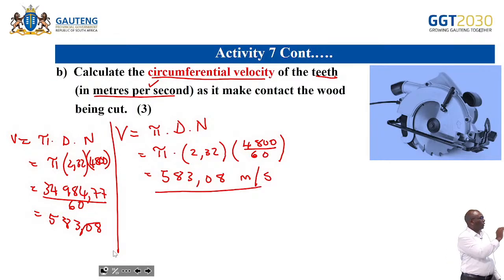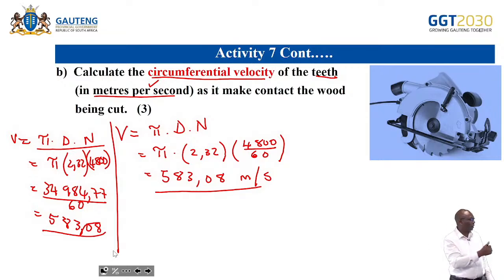So you can either do that question and then go down here and divide that answer by 60. The only thing is that you must not forget to divide by 60. Because once you forget to divide by 60, you'll have that as your final answer, and that will be incorrect. Okay, I think we are doing very well.